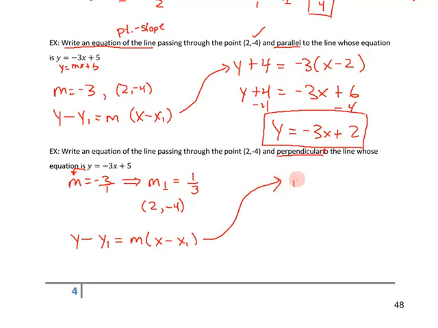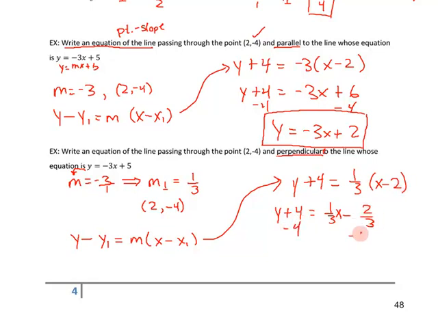So we end up with y plus 4 is equal to 1/3 times (x minus 2). Okay, which I would accept, but if you want to simplify further, we can. y plus 4 is equal to 1/3 x minus 2/3. 1/3 times the minus 2 is minus 2/3.